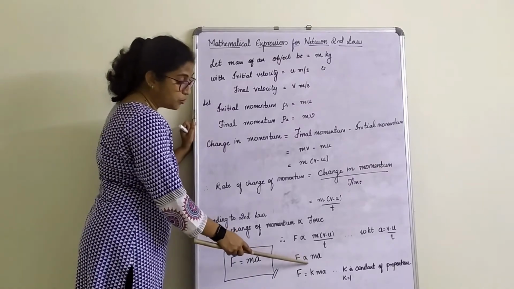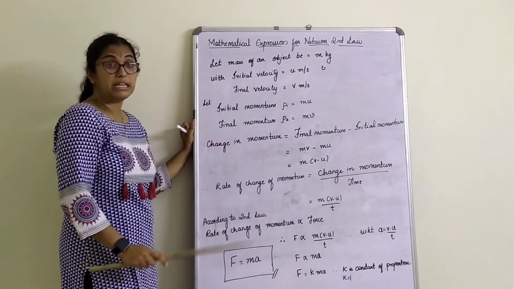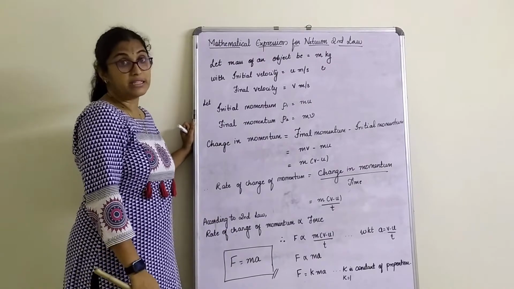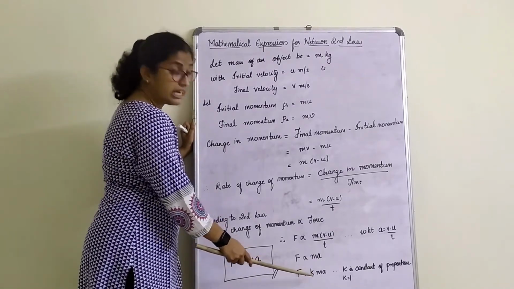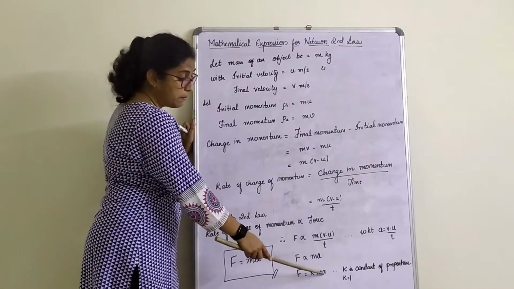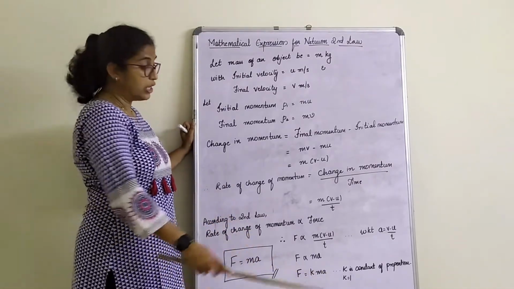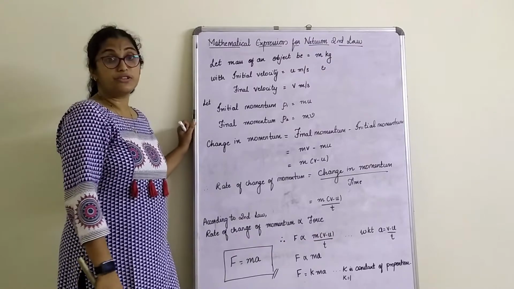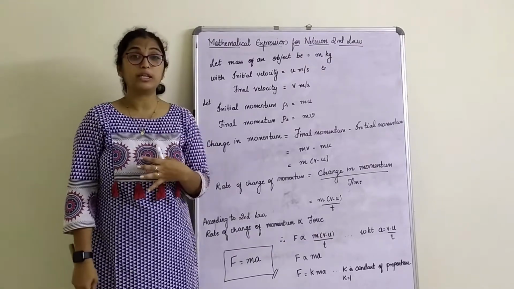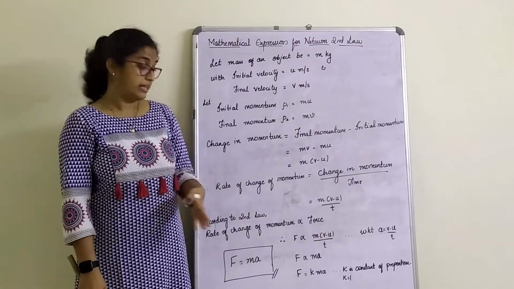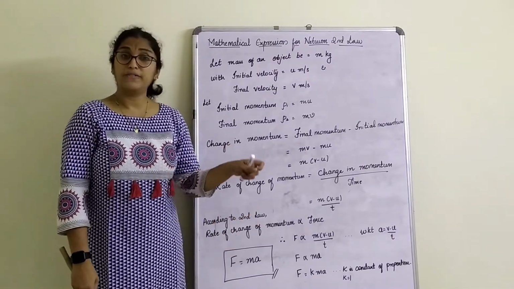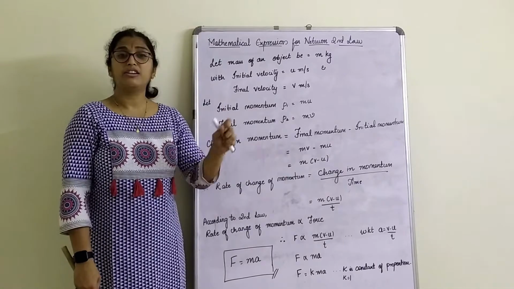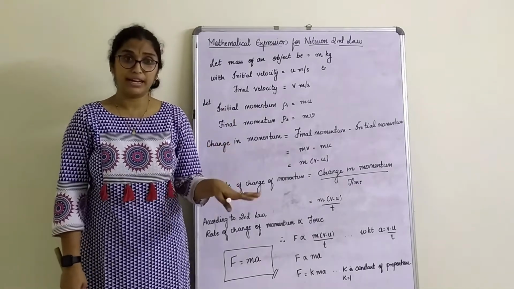Whenever we have to remove the proportionality symbol, we take one term as constant. We have taken F is equal to k, a constant, into mass into acceleration, where k is the constant of proportionality whose value is assumed to be 1. Now why did I choose k? I could have chosen x. Yes. I could have chosen y. Yes, I could have chosen any alphabet, right?